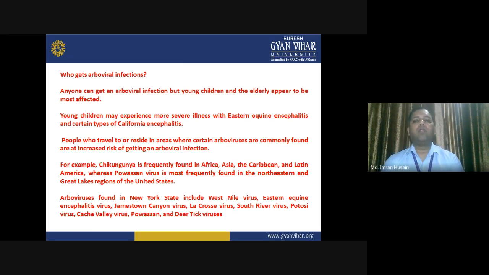People who travel to, or reside in, areas where certain arboviruses are commonly found are at risk of getting arboviral infection. For example, chikungunya is frequently found in Africa, Asia, Caribbean, and Latin America, whereas Powassan virus is frequently found in northeastern and Great Lakes region of United States.